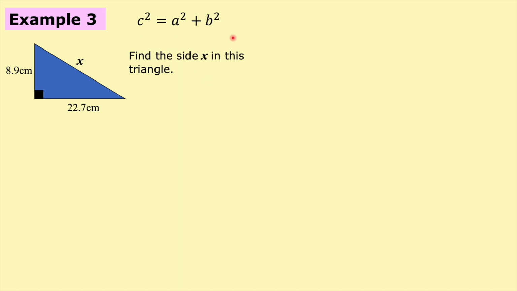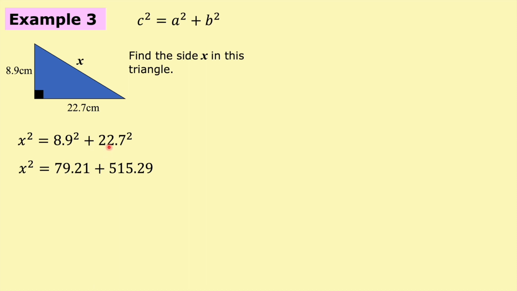We're going to be using our Pythagoras' theorem formula. And we're going to be substituting in what information we have. So side C is our x, side A is 8.9, so I've swapped out the A for 8.9 and then swapped out the B for 22.7. We're then going to use the calculator, so either using the squared button, so 8.9 squared, or 8.9 times 8.9 gives you 79.21.